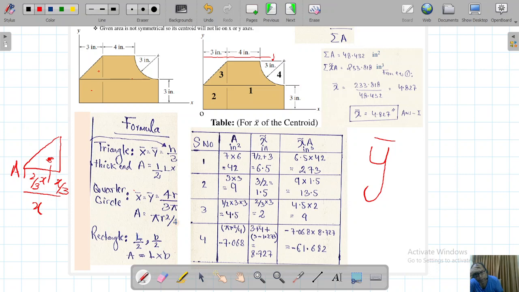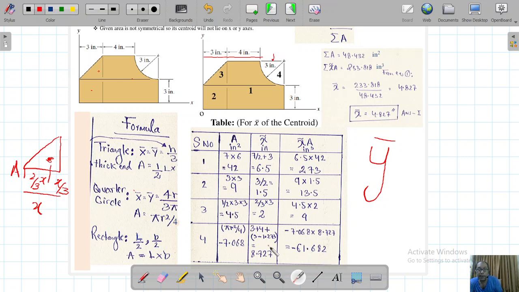And again you multiply, very important point here. If you multiply 8.727 with 7.068, you will get 61.682. But remember one thing very important: when you multiply, the area was minus, so minus into the centroidal coordinate will give you minus 61.682.